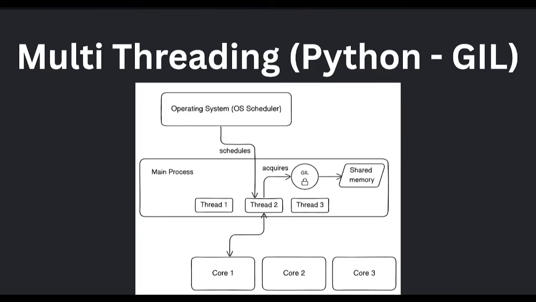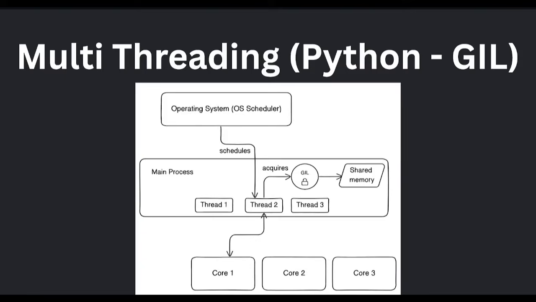And it releases the lock, that is the GIL, when it completes or goes on to waiting state or suspended state, in which case the next thread holds the GIL, the global interpreter lock, and it continues so on for the other threads. All of this involves quick context switches, which are generally so fast that the user cannot realize it. This is called concurrent execution, which is not true parallel execution.